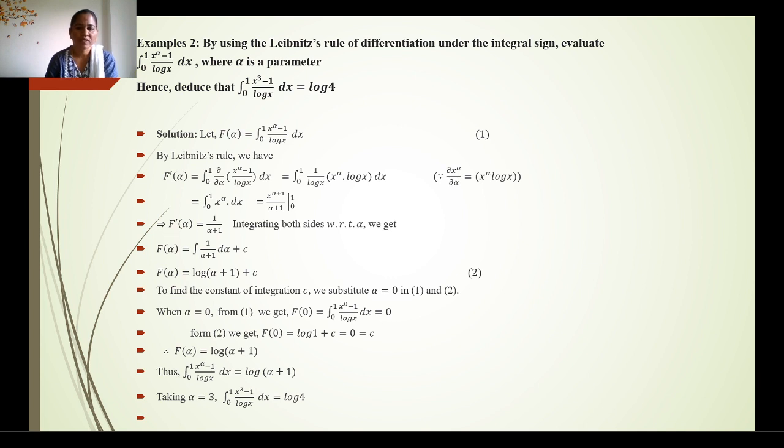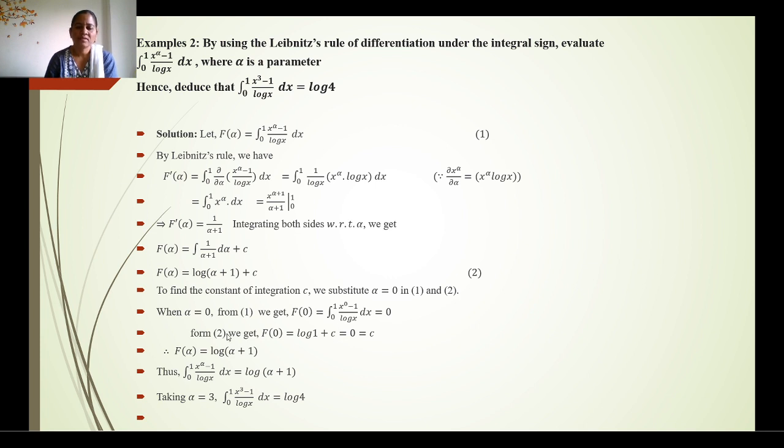To find the constant of integration, we have to substitute alpha is equal to 0 in both equations 1 and 2. Let us put alpha is equal to 0 in equation 1. F of 0 is equal to the integral from 0 to 1 of x to the power of 0 minus 1 by log x. Here x to the power of 0 becomes 1, 1 minus 1 is 0. Then f of 0 is 0.